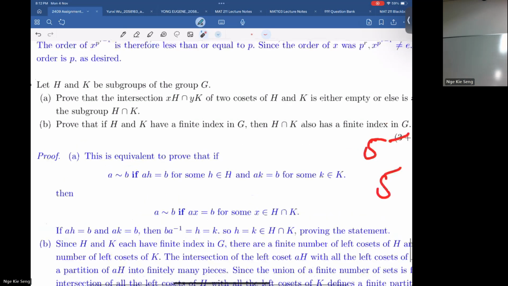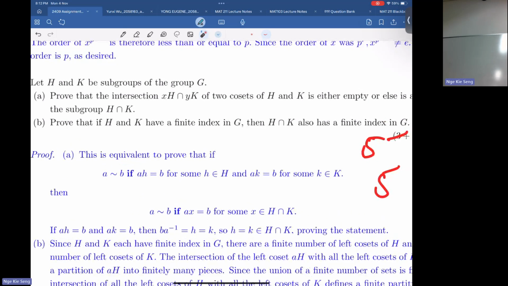So I make an equivalent statement here. Let's see what I wrote. So this is equivalent to proving that if AH equals B for some h in H and AK equals B for some k in K, then AX equals B for some X in H intersect K. Okay, so what do I write here?